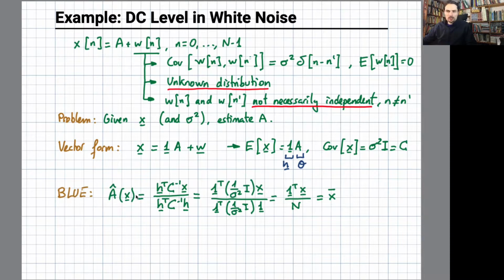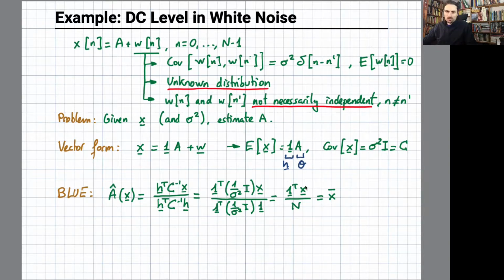So, using the expression from the previous slide, we see that the blue estimator is given by this, right? So now we just need to substitute H and C here, right? So H is the vector of all ones, and C is sigma square times the identity. So we obtain this, and now just by canceling these sigma squares here, and also by noting that 1 transpose 1 equals n, we come up with this expression here.